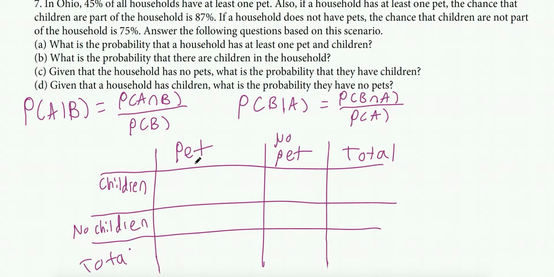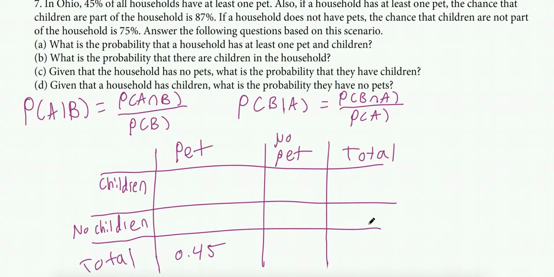So let's read this problem. In Ohio, 45% of all households have at least one pet. In that first sentence, they're not saying anything about some variable given this, given that. It's just, of all households, 45% have at least one pet. So that's our total for the pet category. So go down here, pet 0.45.